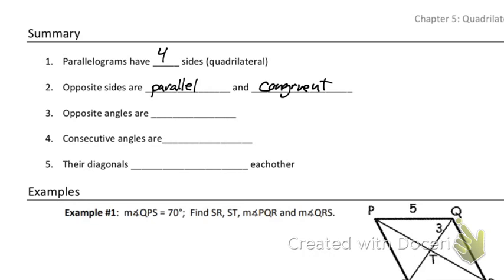All right. Opposite angles are... parallel? No, that doesn't make any sense. Congruent. Yep. Opposite angles are congruent. Consecutive angles, we didn't really cover this, but consecutive angles are going to be supplementary. Perfect.